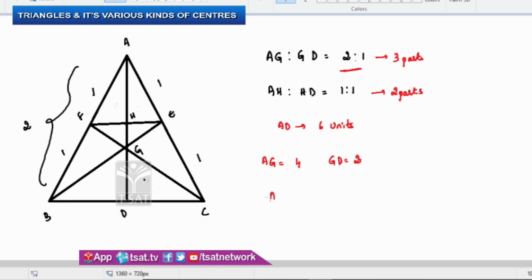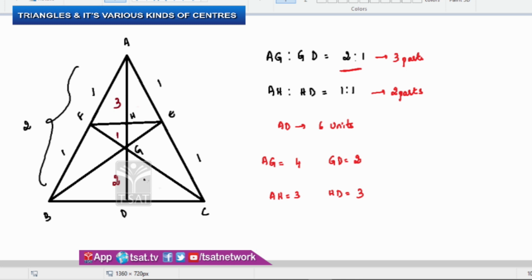In the same manner, AH is 3 units and HD is 3 units. AH is 3, GD is 2, and the remaining is 1.